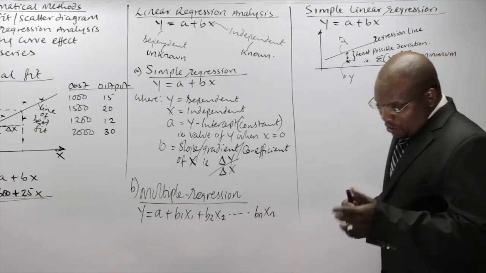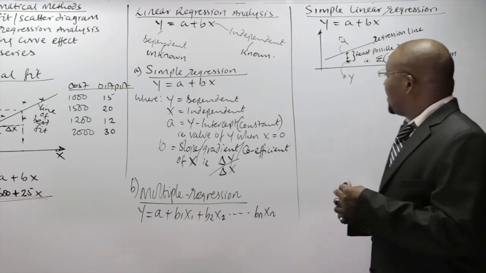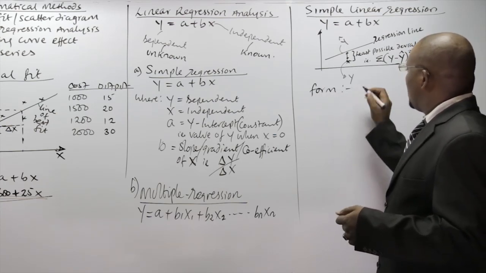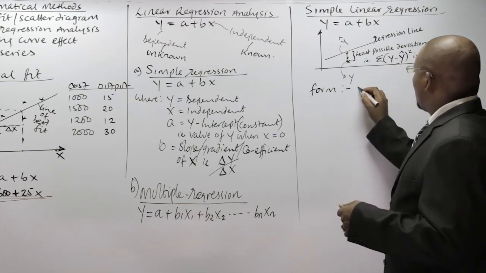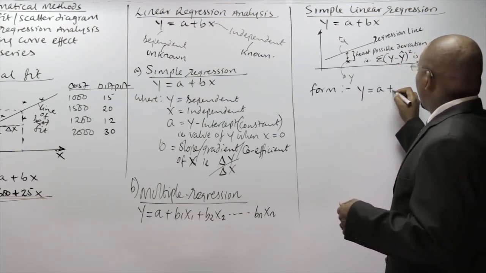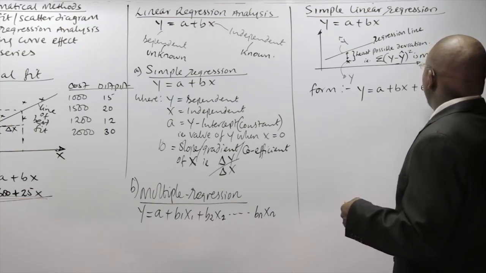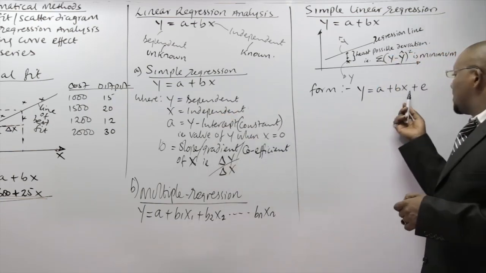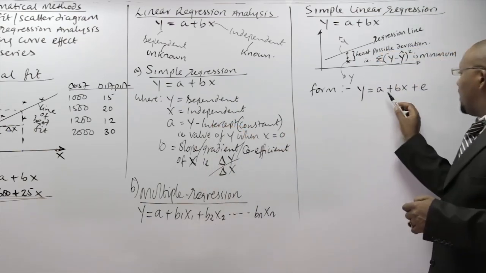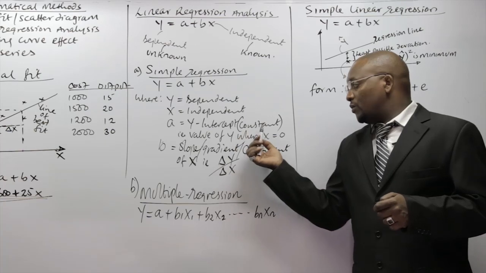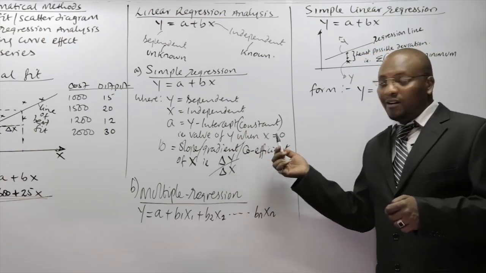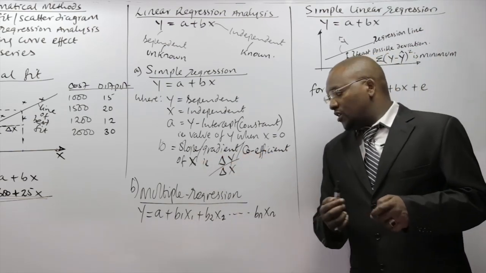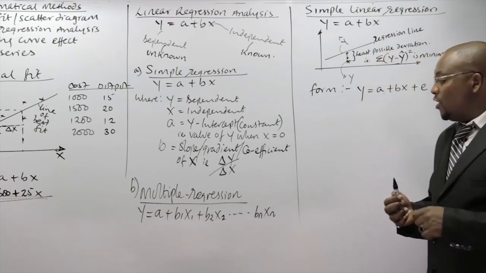Now, when we talk of simple linear regression, we can have the official form of the equation, which is the general form, given as y equals a plus bx plus e, where we had already indicated that y is the dependent variable, x is the independent variable, a is the y-intercept, which is constant, or the value of y when x is 0, and then b is the slope or the gradient or the coefficient, which is determined by taking the change in y over change in x.